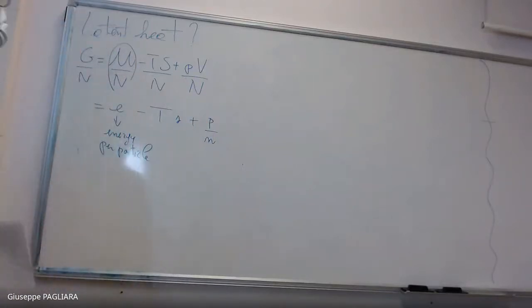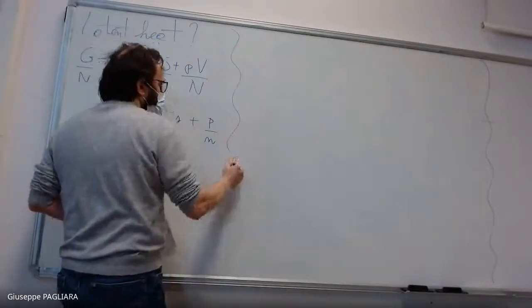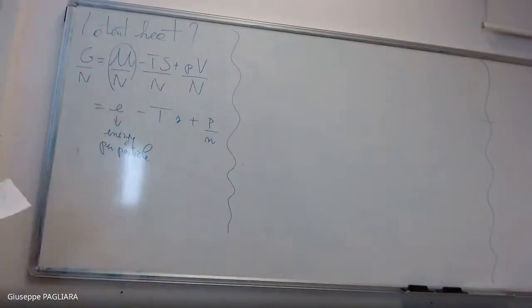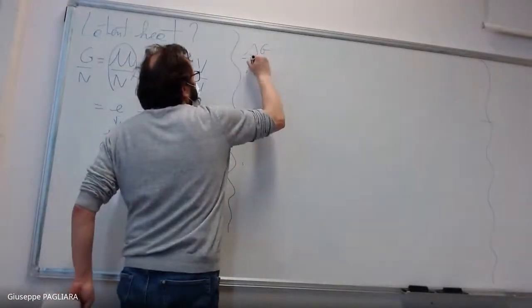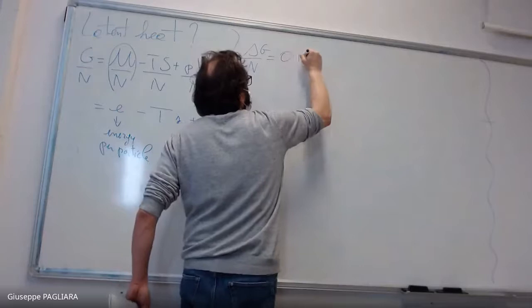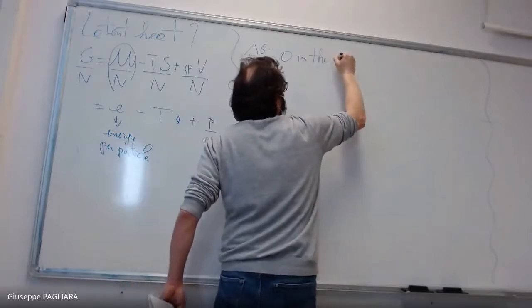Now, we said before, but let's look at it in a different way. The delta G divided by N must be equal to 0 in the mixed phase, because we are in equilibrium.